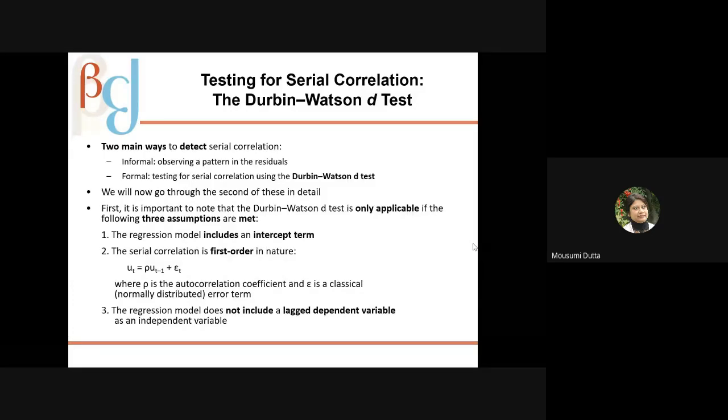However, the right-hand side errors are all classical in nature. The left-hand side error, U_t, is not classical. So this is the moving average process, and ARMA was the combination of the two.